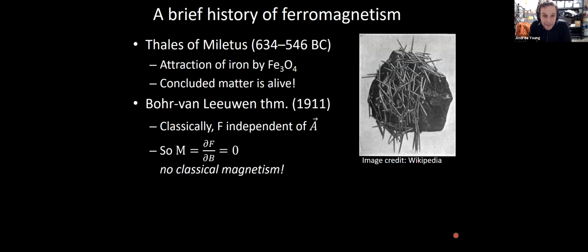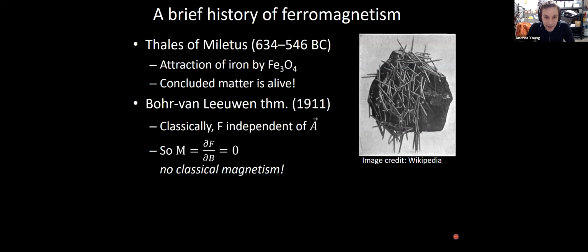We don't know for sure because none of his writings survive, but the report from later writing a century or two later was that he concluded from this that matter is actually alive because magnetite could move iron.